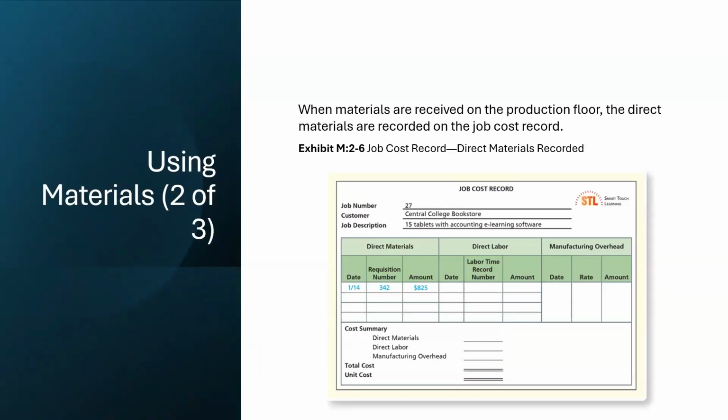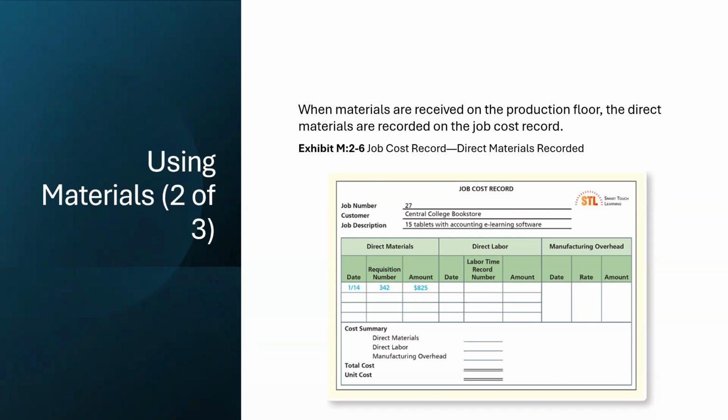Now, when the raw materials are received on the production floor, they are recorded on the job cost record. Here you see Exhibit 2.6. It shows the job cost record for job number 27 after materials requisition 342 has been recorded.